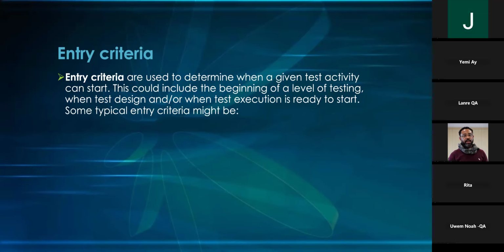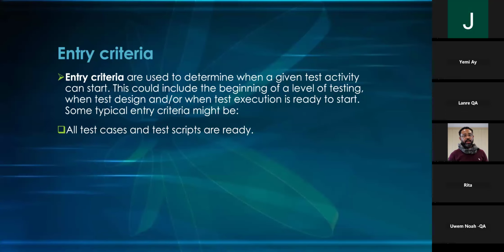So now in your phase, your entry criteria will be exactly, have you started, when you start designing your test cases, when you start doing all this, that's when you can say you started. Some typical entry criteria may be: 1, all test cases and test scripts are ready.